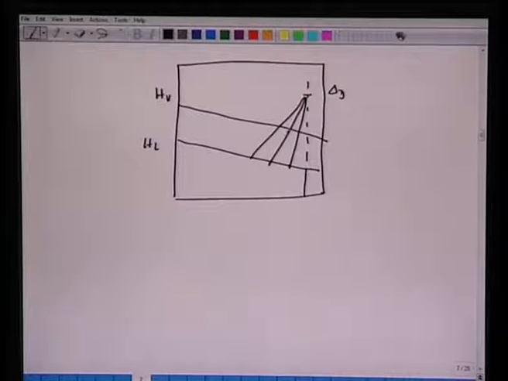These are your tie lines. Now all we have to do is find that tie line which becomes parallel to this operating line, and we have to take the maximum of that tie line which becomes parallel to this tie line.